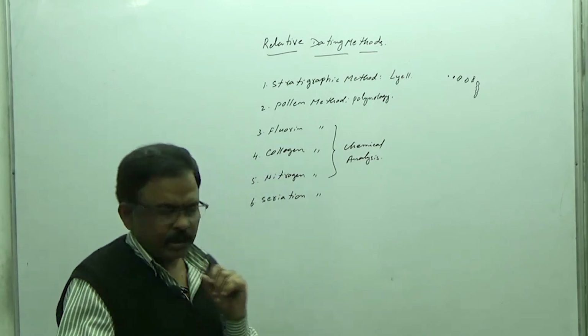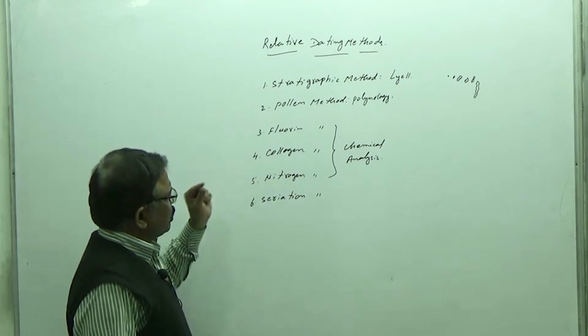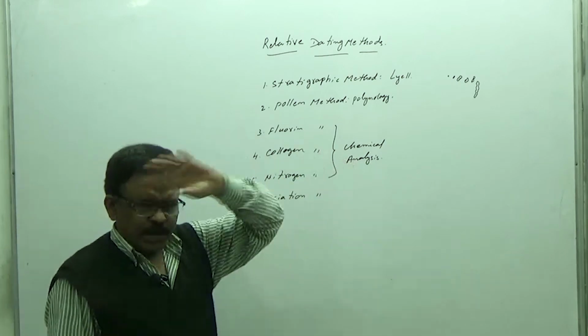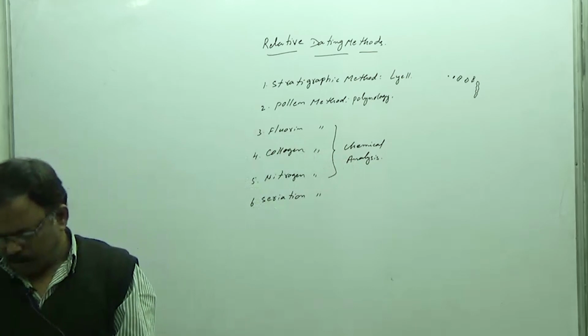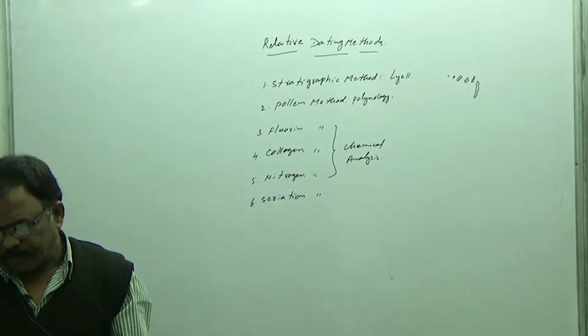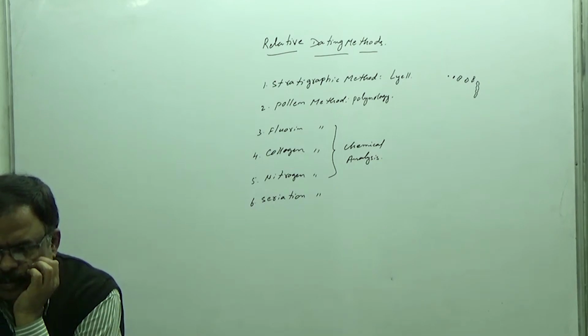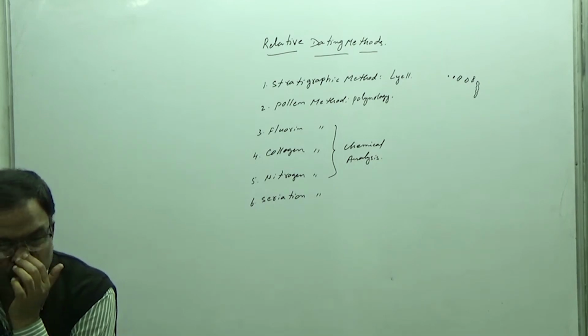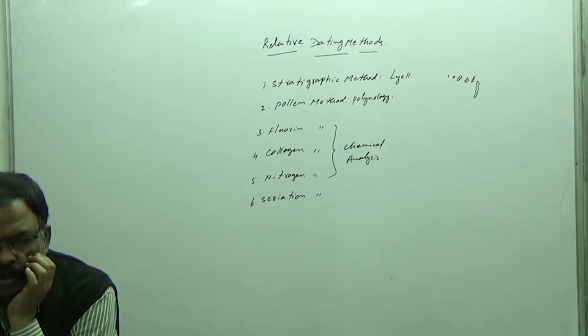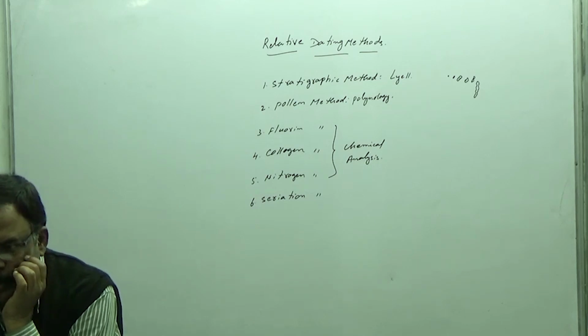Now the nitrogen method. Same to same: remove collagen, write nitrogen. Nitrogen is present in amino acids.